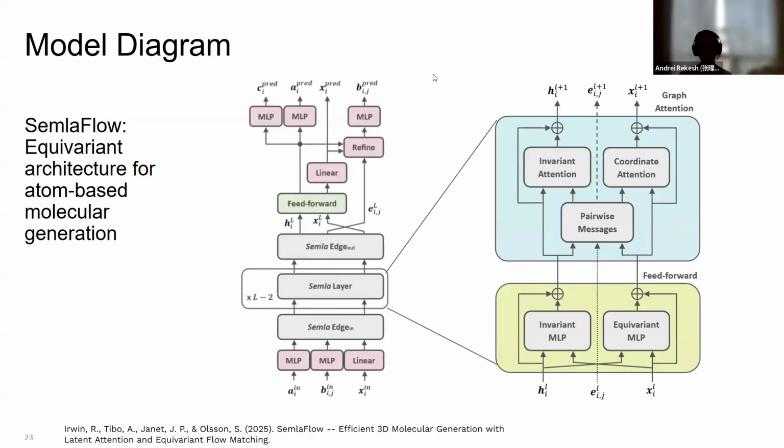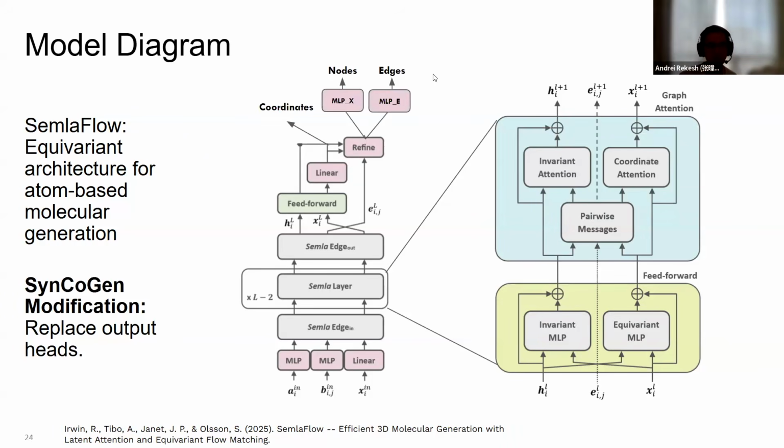But in terms of having multiple modules that are coupled to each other, you can see that this backbone is a single backbone that produces both, in the SemlaFlow case, atom predictions and bond predictions, but in the SynCoGen case, we simply replace the output heads to predict logits for our building blocks and reactions, and we leave the atomic coordinate prediction head as is.